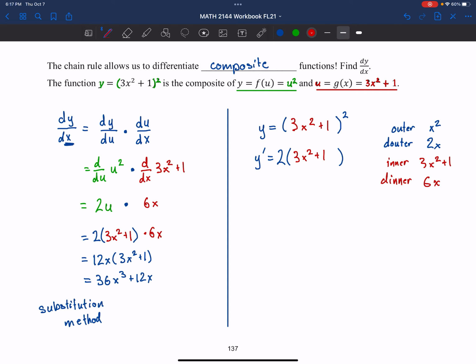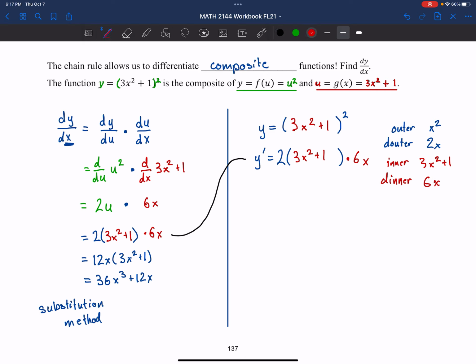So notice if you just thought about this as x and that as x, the 2 came down in front to give us the power rule, and that's appearing right there. But then we're going to have to multiply it by the derivative of the inner. So again, you can see that we essentially have the same thing that we had earlier right here.